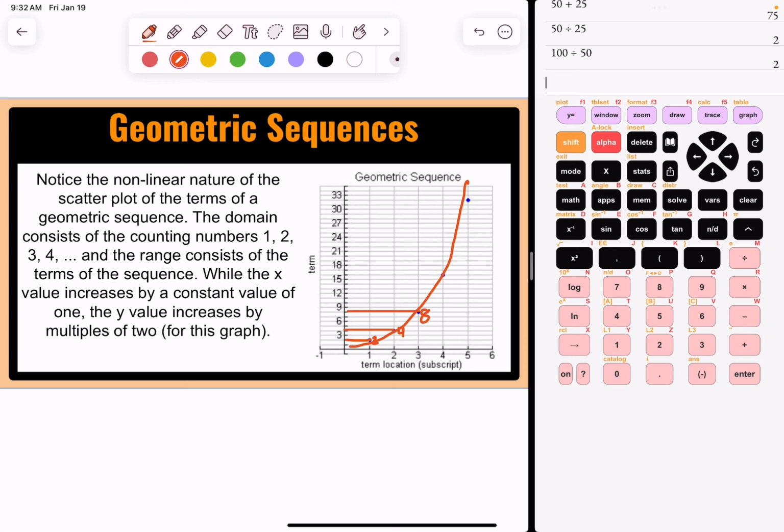And this is considered exponential. The x is increasing by 1 each time to go to our next term, but then the y is a multiple of 2, which means it's quickly going to multiply and become bigger and bigger exponentially, which is why geometric sequences are like exponential functions.